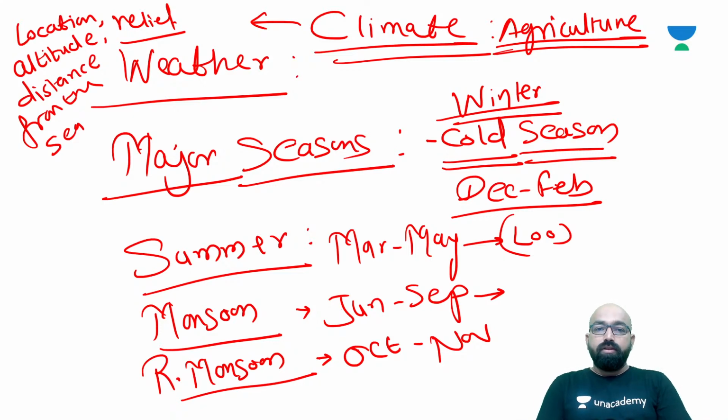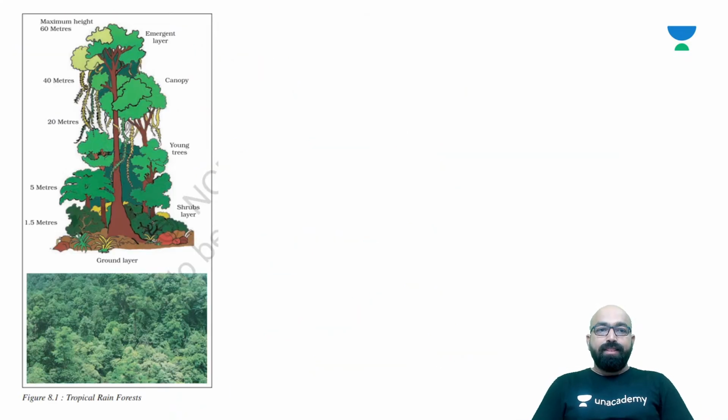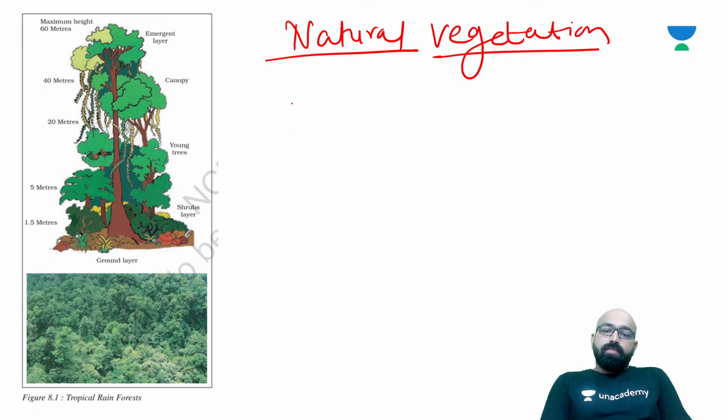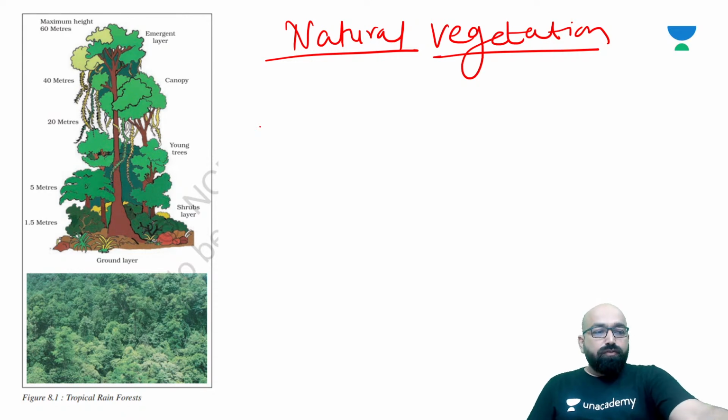Now, moving to the next part, that is natural vegetation. Now, friends, we see a variety of plant life in our surroundings.